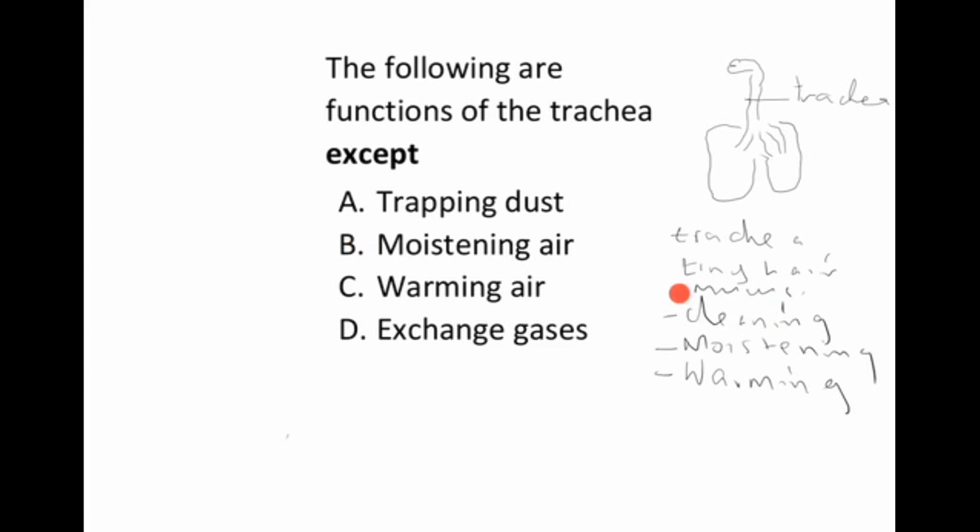We have seen now there is the mucus. The mucus contains some water, and this moisture is the one that helps in moistening the air that we breathe in. Warming the air. I've said that warming of the air that we breathe in is done by the blood capillaries that are found in the trachea.